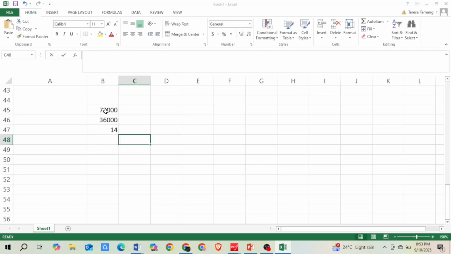I'll put this in the formula. So 72 plus 36, which is 108, and this 108 is divided by the contribution per unit. As I can see, it comes to 7714.28, so we'll say 7715 units.